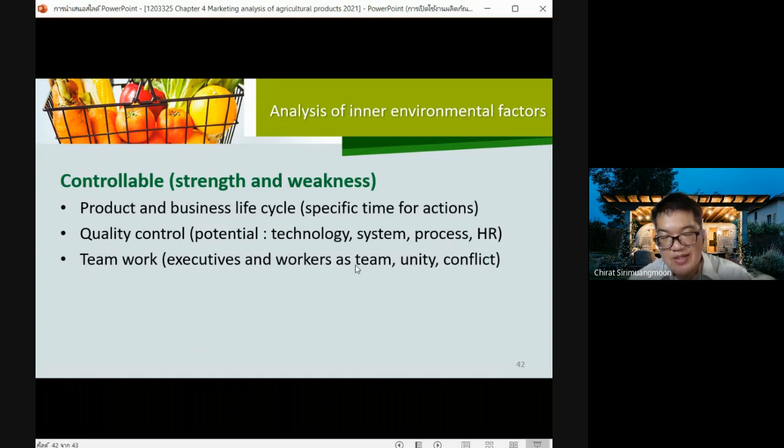Do you have the unity, or do you have any conflict or any bad things, or how you solve the problem when it's happened on your business? So if you analyze your company carefully, all these factors will make your business getting better.